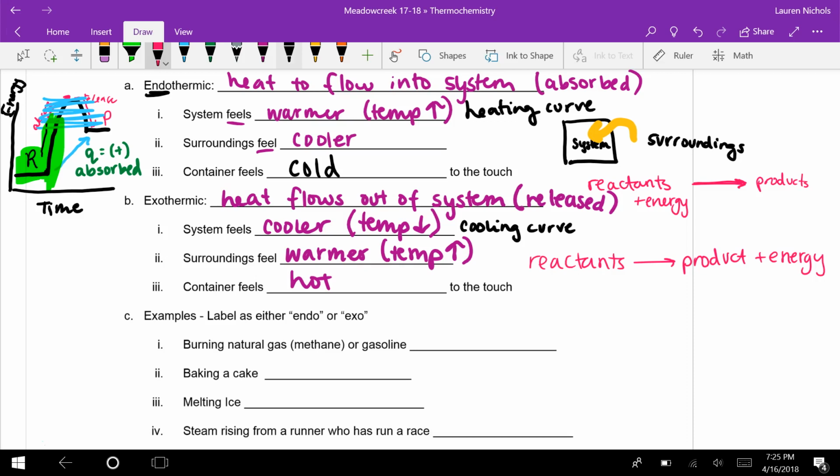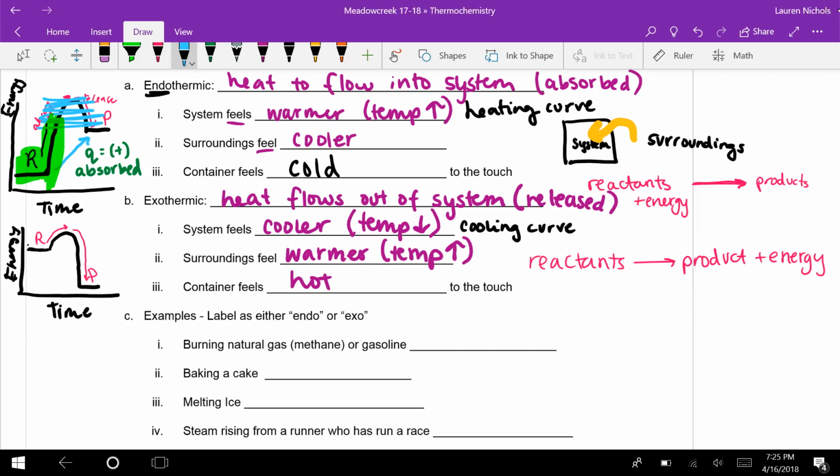And so if we look at its graph, which I'm not going to draw the labels, well, I guess I should. Let's practice good habits. So we have energy and we have time. It will look the opposite. So our reactants will be higher in energy than our products. Okay, and so between my reactants and products, we see that we absorb some to get to our activation energy, and then we release a lot more.